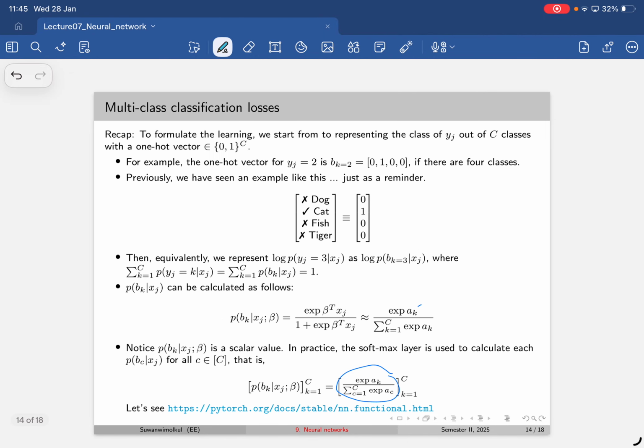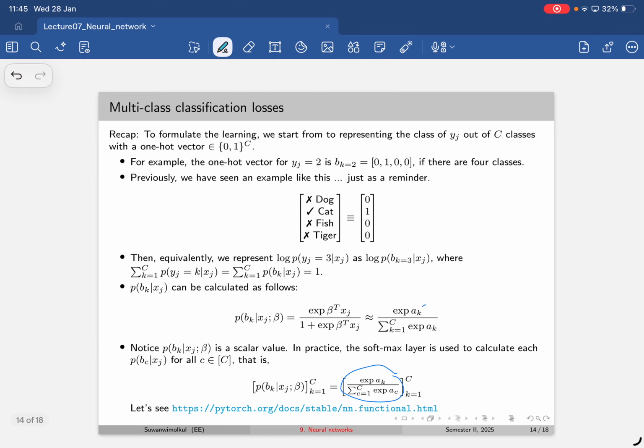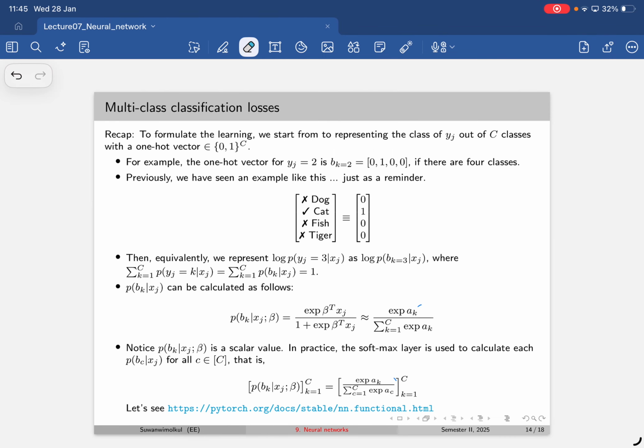And finally, this is something that we would focus on a little bit today: multi-class classification. In this case, our goal is to cast the probability for each class. But don't forget that the sum of these probabilities has to be equal to 1.